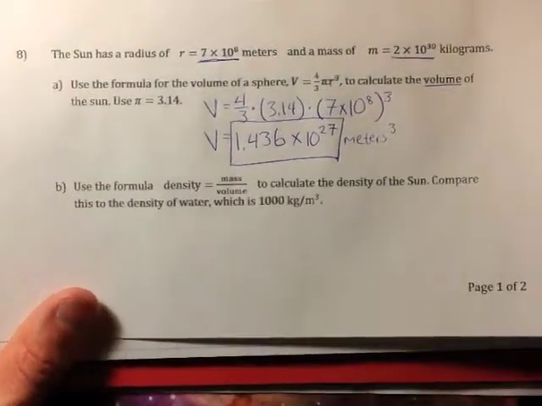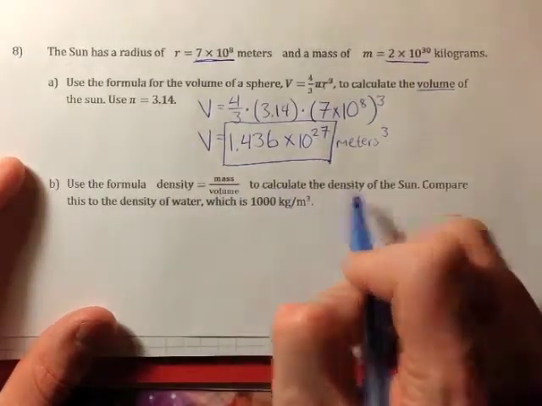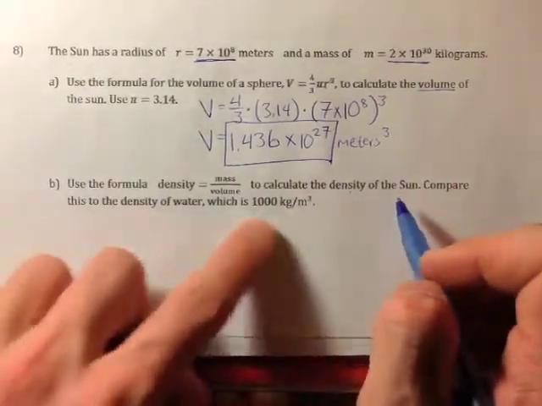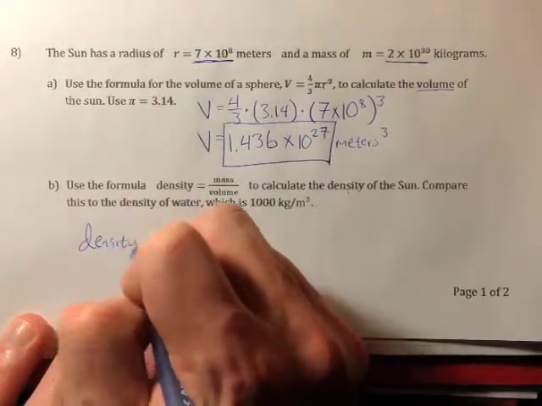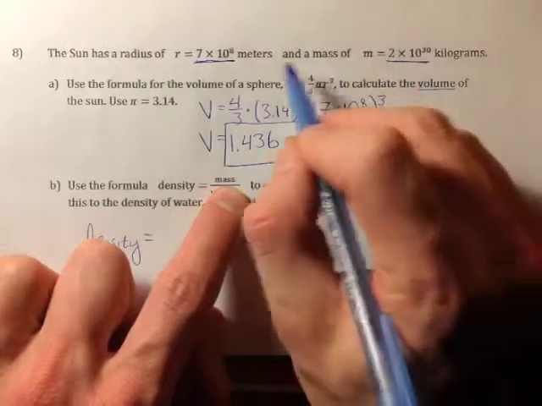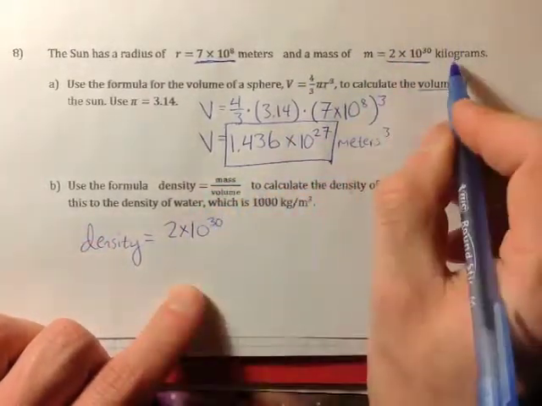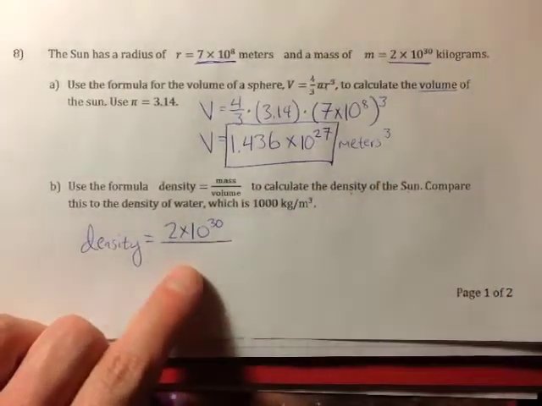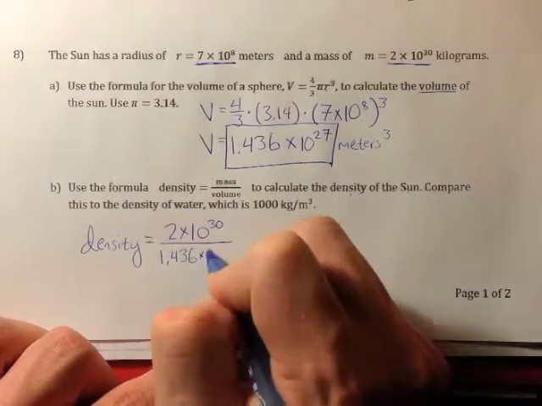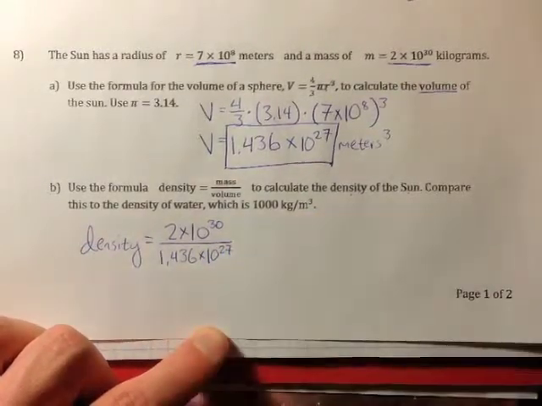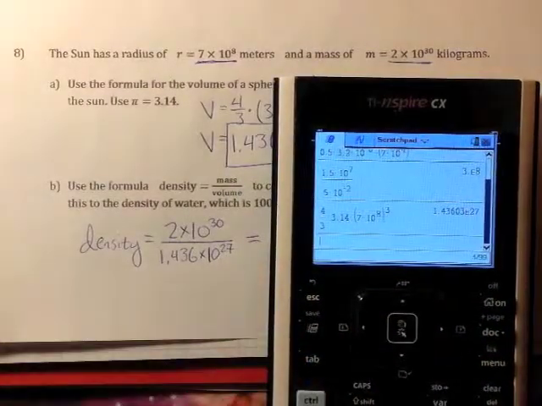Now, part B. Use this formula, density equals mass divided by volume, to calculate the density of the sun. Compare this to the density of water. So density is equal to the mass we were given up here, 2 times 10 to the 30, and we are dividing that by volume, which is what we just found, 1.436 times 10 to the 27. Now what is this equal to? Again, let's use our calculator, and again, let's be super careful.